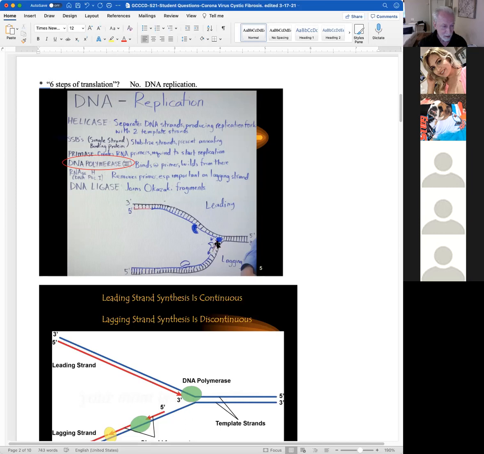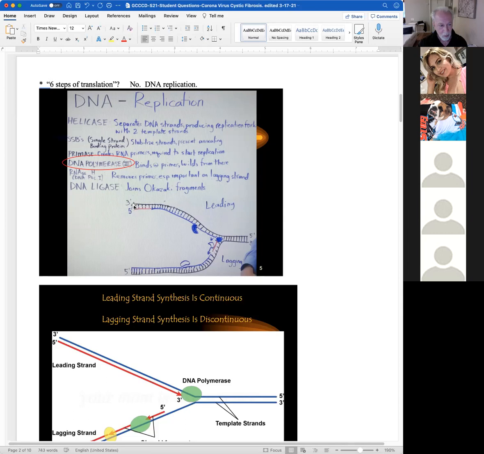which must be on both the leading and the lagging strands. Then the workhorse that does the job is DNA polymerase 3. Now it can't do its job until the first 3 do theirs. And this works just fine on the so-called leading strand. Remember, DNA polymerase can only go from 3' to 5'.